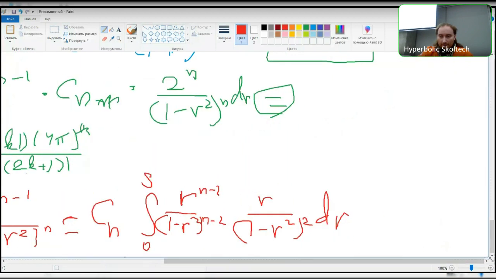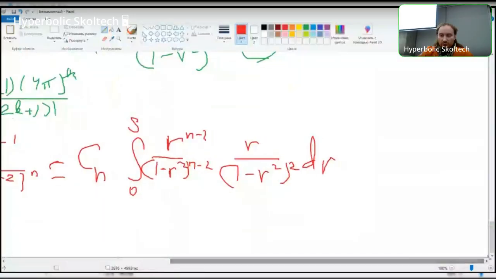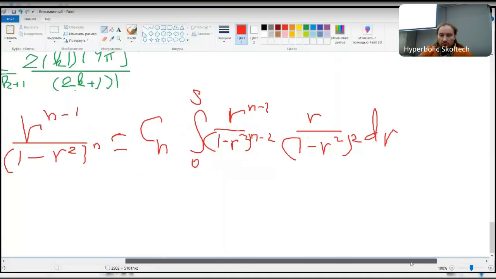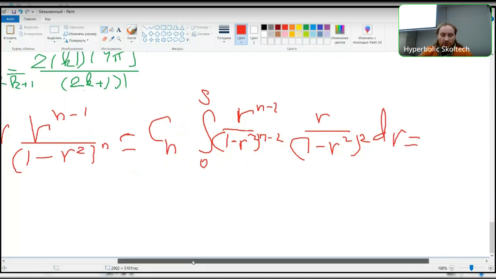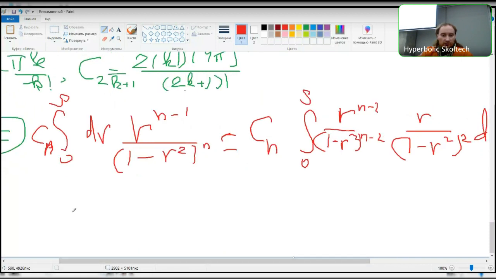Actually, here will be some change of coordinates. Let's check what is the differential of this thing. I forgot what I should integrate, but okay. So let's compute this.